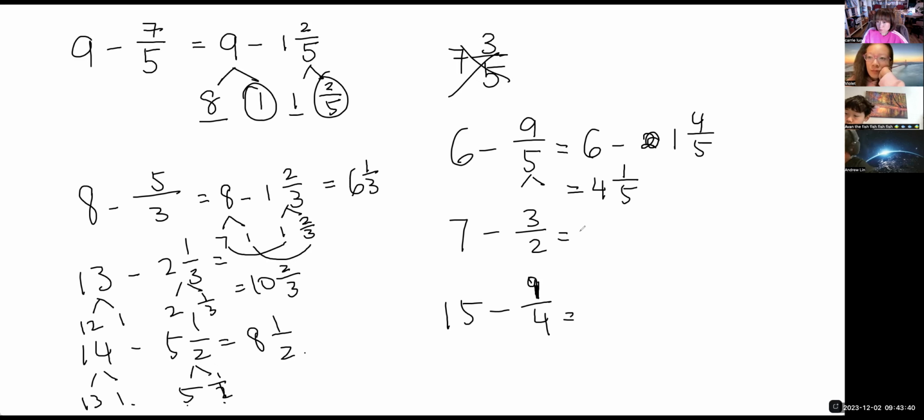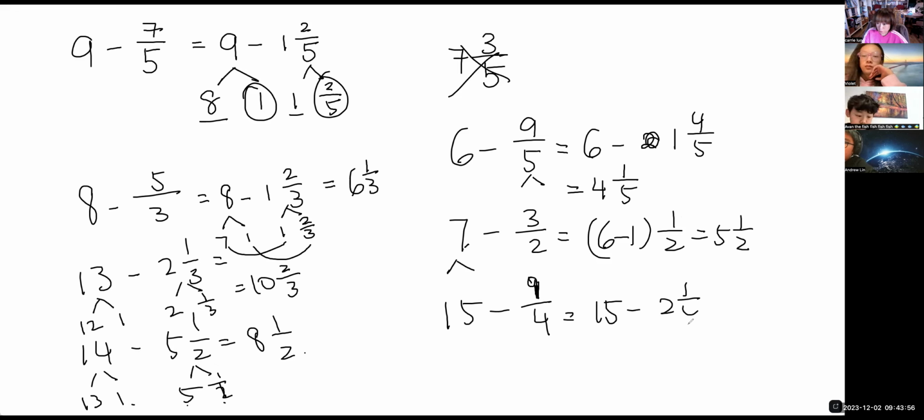So when you get more familiar with them, you don't really have to do this anymore. You know, it's 6 minus 1. And this one is 1 minus half equals half. So it's 5 and a half. This one is 15 minus 2 and 1 over 4. So it's 12 and 3 over 4.